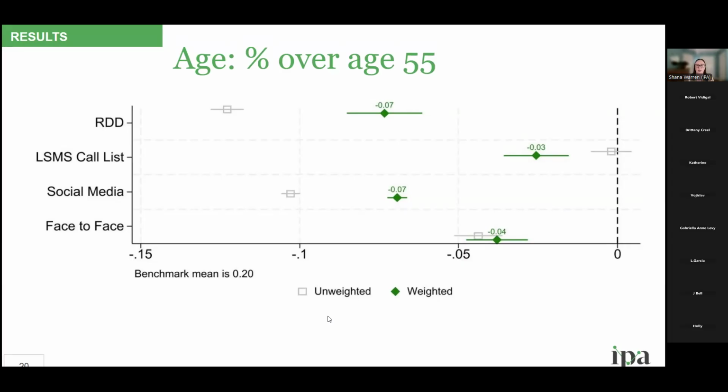This is not a story of Facebook in the United States, which tends to be disproportionately the 50 plus crowd these days, but a question of who owns phones and social media at all. And in sub-Saharan Africa and in many low and middle income countries, Facebook is less popular among older users. So we do weight and we move things closer, but again, you need something to lean on to weight.